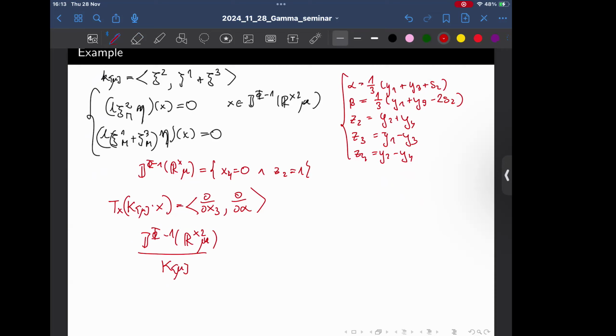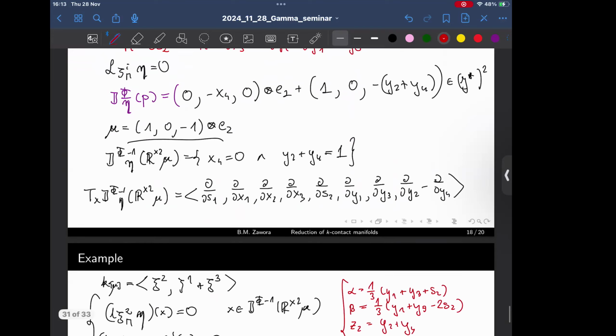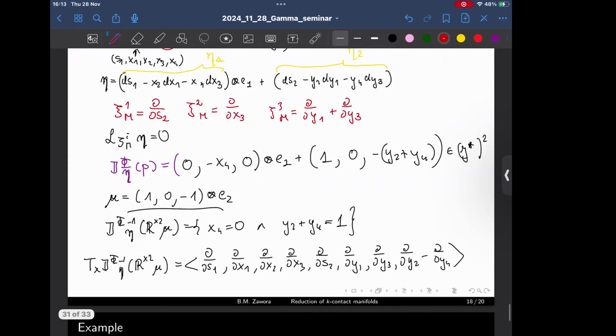K mu is a K-contact manifold with this K-contact form reduced, given by ds1 minus x2 dx1. Yeah, so we just remove this part from this eta1.